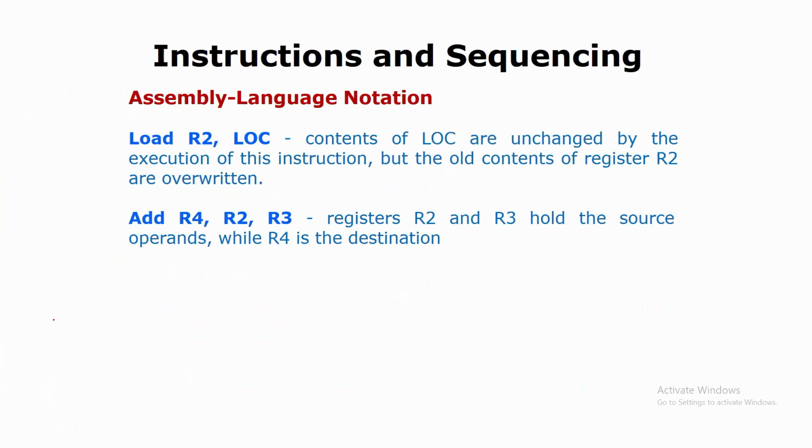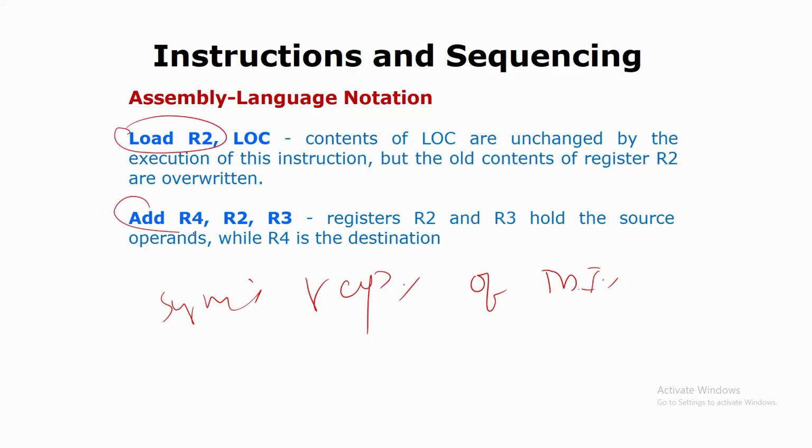Next is assembly language notation. Assembly language notation gives a symbolic representation of machine instructions. Here, Load R2 LOC and Add R4 R2 R3 are examples of assembly language notation.